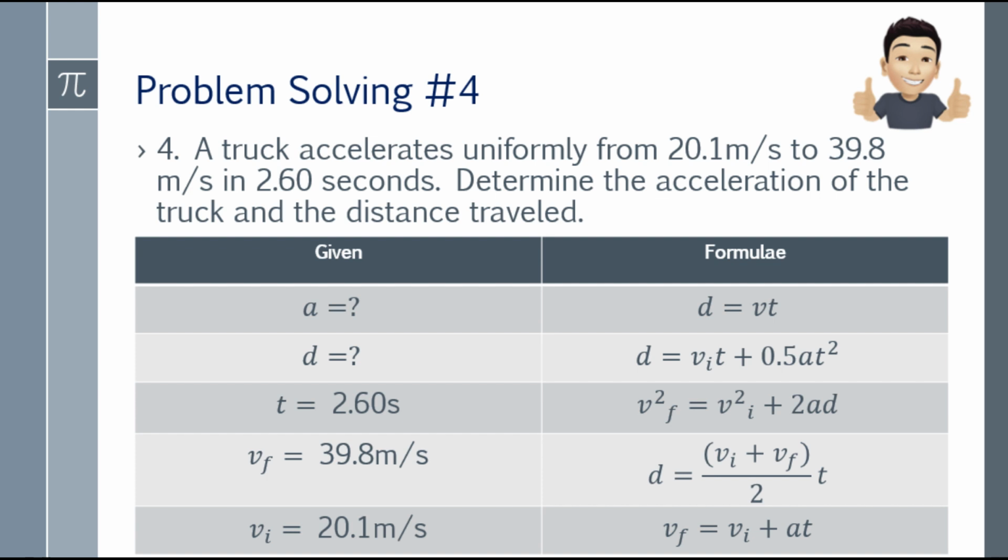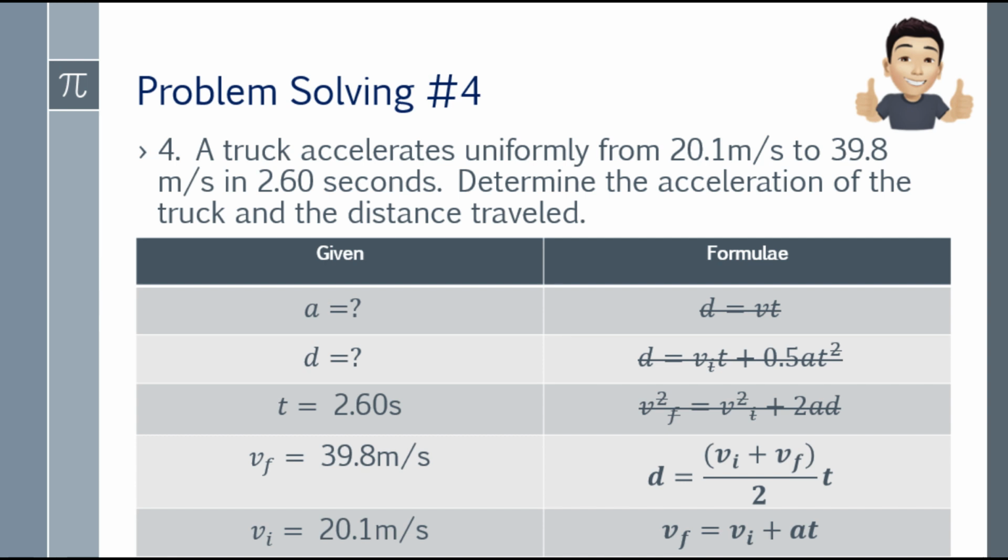So, anong gagamitin nating formula? So, the first one, we cannot use it kasi pinapahanap sa atin yung acceleration. Second one, hindi natin pwedeng gamitin yan kasi walang final velocity dun sa formula. Meron tayong given na final velocity. Third one, hindi rin pwedeng gamitin kasi wala tayong time dyan sa formula.